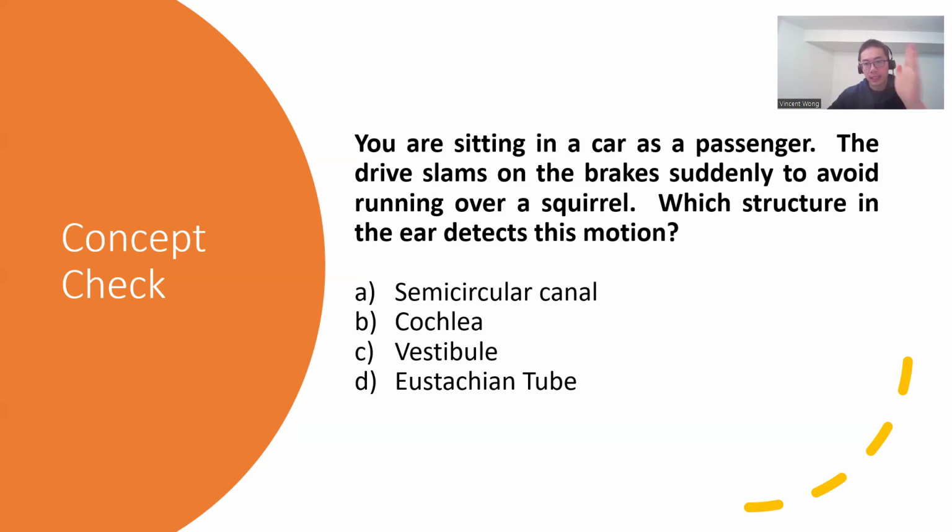Okay, so this is a linear acceleration, right? Horizontal acceleration, braking. And then the answer is going to be the vestibule. Specifically, it's going to be the utricle as opposed to the saccule. The saccule is for vertical, right?